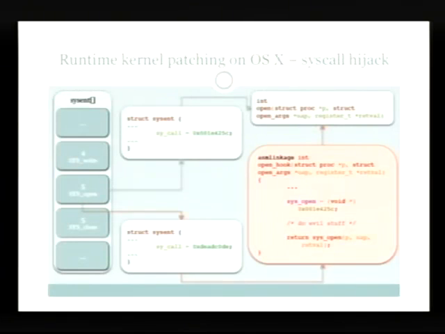Whenever a user process invokes a function in the kernel, we use something called the sysent table. So if we, for instance, want to hide a process, or if we want to hide a file, let's take the file example because it's very easy. If we want to hide a file, we have a backdoor that is an executable, and perhaps we have a sniffer that generates a log, and we want to hide these artifacts of our intrusion. We want to hide these files.